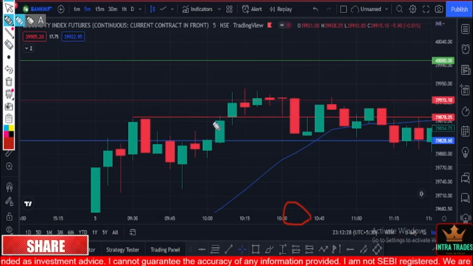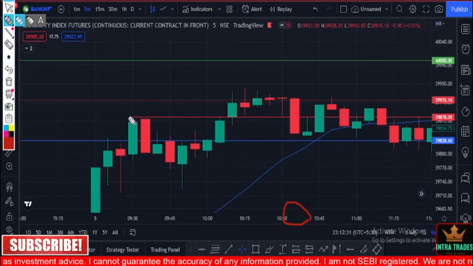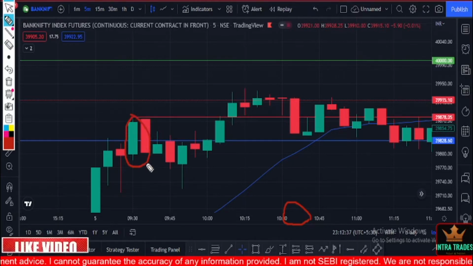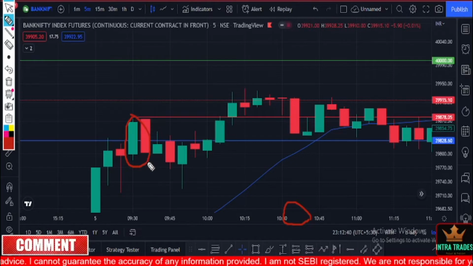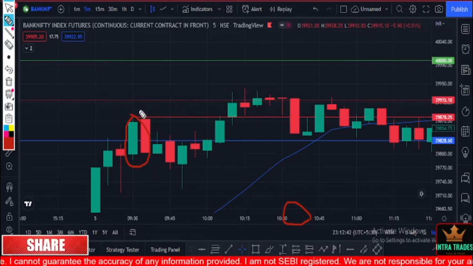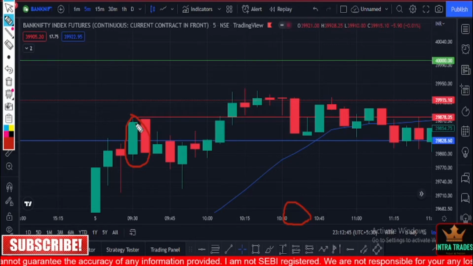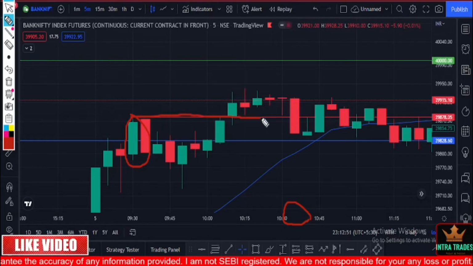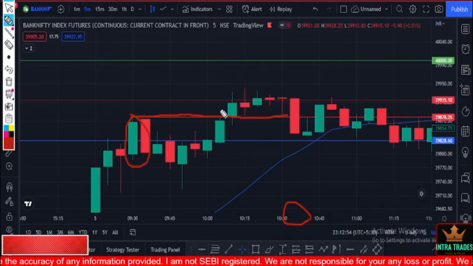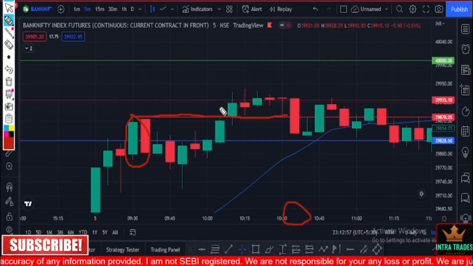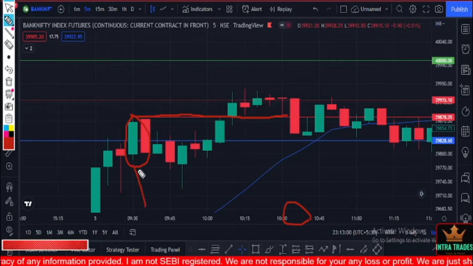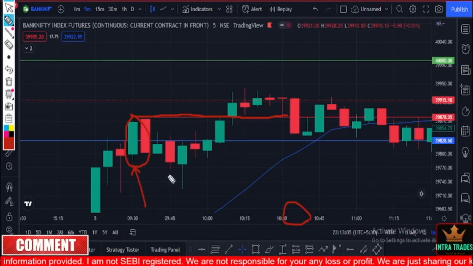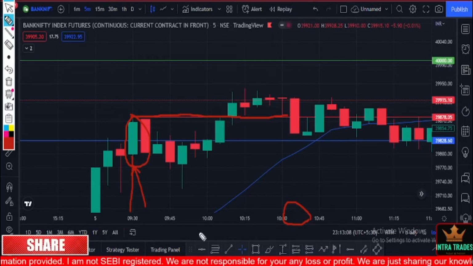What happened here is this is the previous candle which gave you an adequate delta, and now you are waiting for a candle that moves above this and forms a delta higher than the delta which was formed at the 9:30 candle.